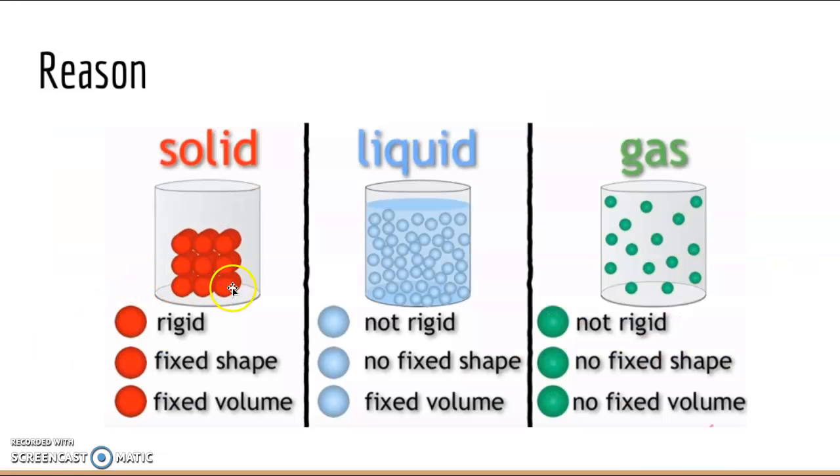So the molecules in a solid, what are they doing? They are packed close together. So underneath the solid, you can draw a picture that shows what the molecules are doing, meaning the molecules are really close together.